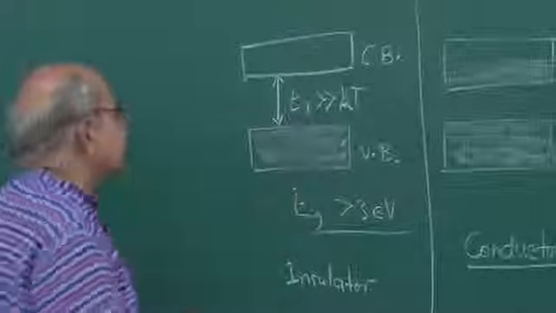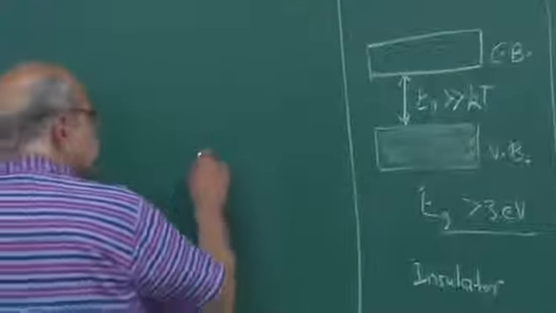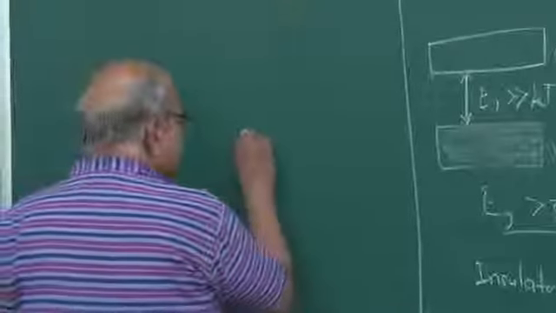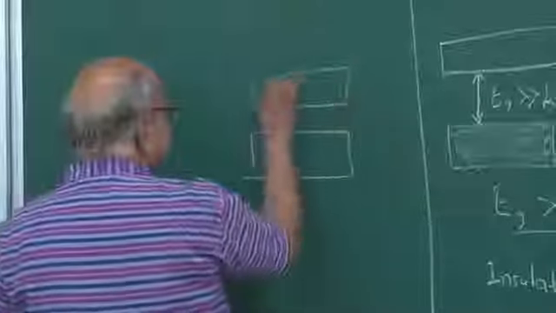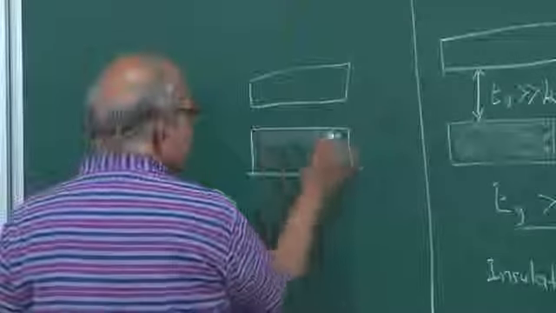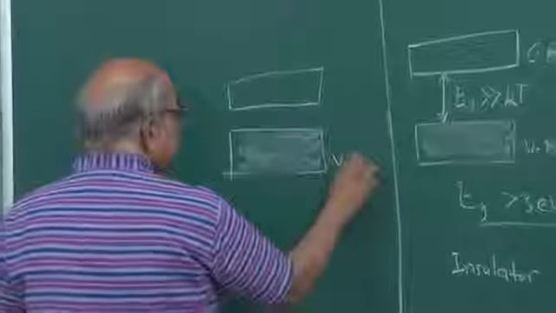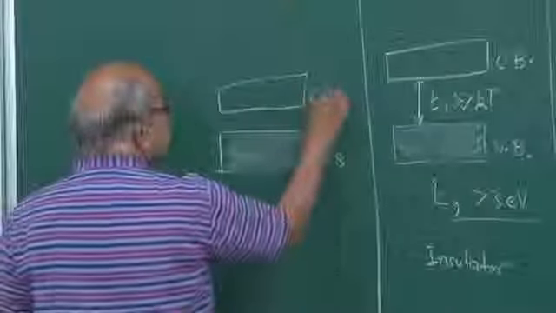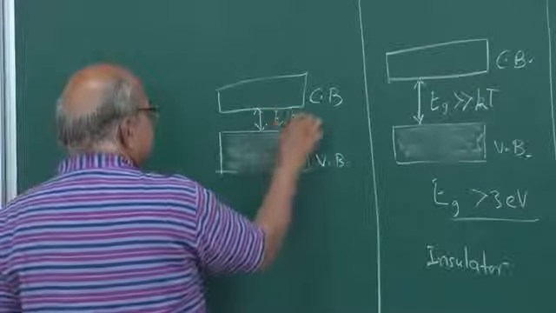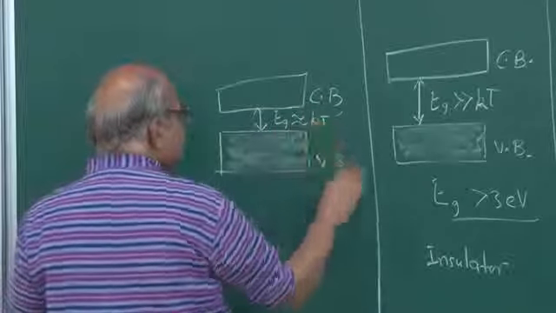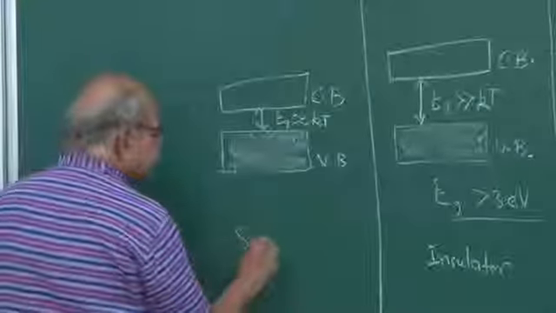So this is an insulator. And the third category, which I am interested in mostly in this course, is where the structure is of this type. At low temperature this is completely filled and the conduction band is completely empty, but this Eg is not very large as compared to kT, and this variety we say is a semiconductor.